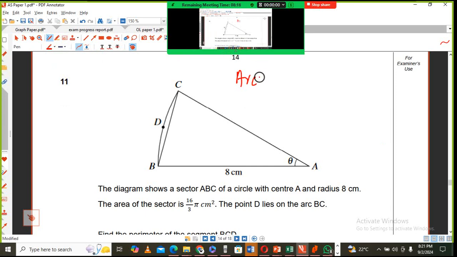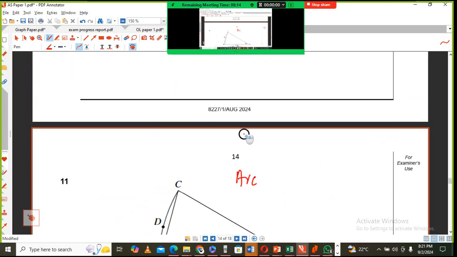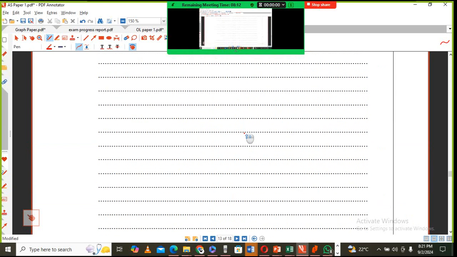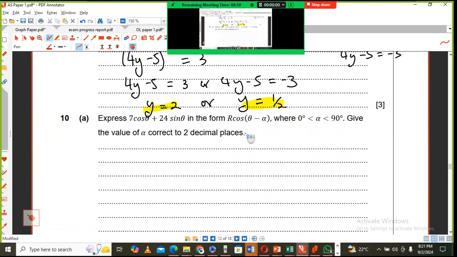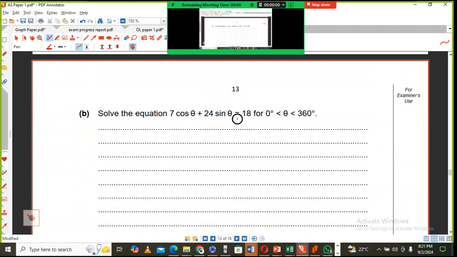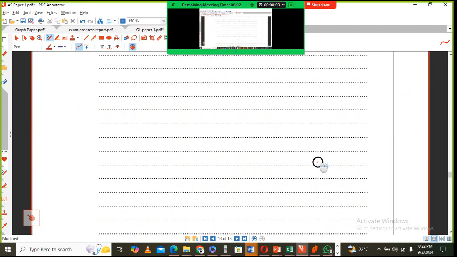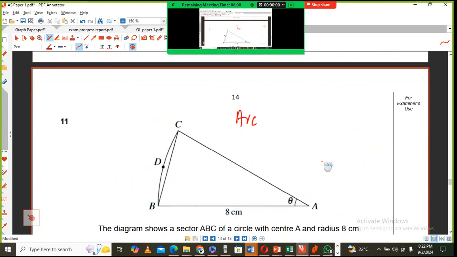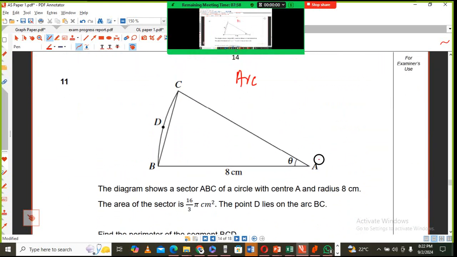I didn't do it. It's not in our syllabus right now either. 10b will come to it, but if you try it, it's fine. We can do it, but I said you must skip that one. You can have a look at it tomorrow.